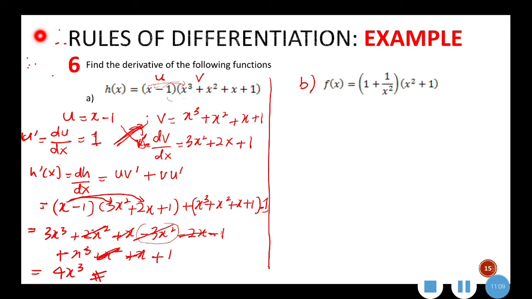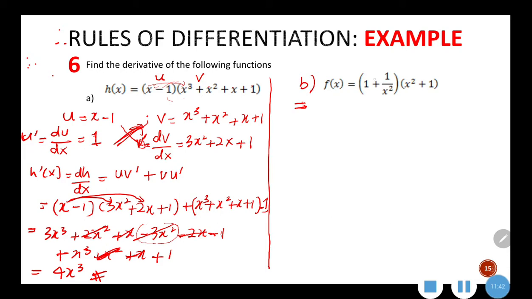For B here, we have the function fx equals 1 plus 1 over x square times x square plus 1. I think there's a possibility that it's easier if you don't use the product rule, so we don't necessarily use the product rule.